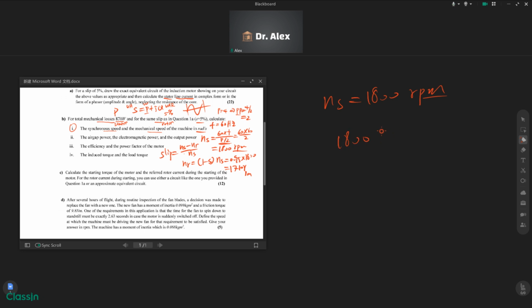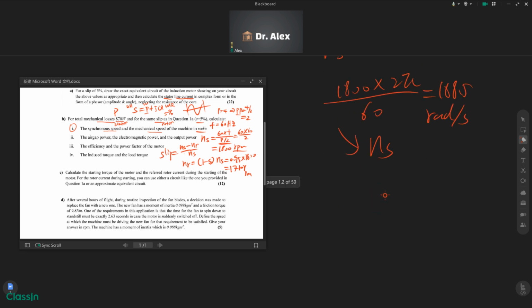Each circle will run 2 pi, and divided by 60 because 1 minute contains 60 seconds. The result is 188.5 rad per second. That's the value of ns. Similarly, we can get the value for nr, which is 179.07 rad per second. Okay, that's for the first question.